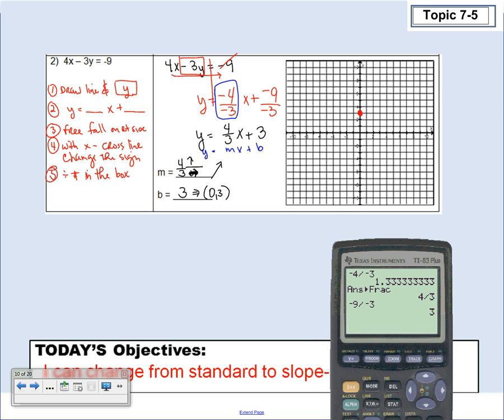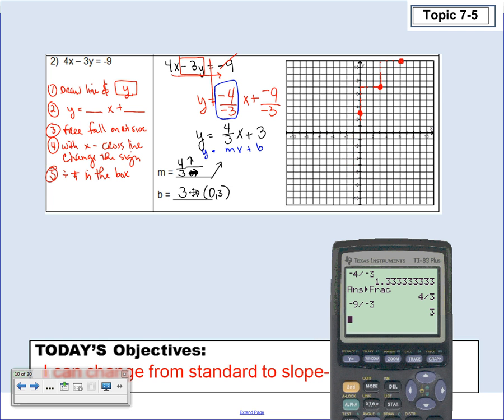We will, from that point, move up 4, 1, 2, 3, 4, and then to the right 3, 1, 2, 3, and we have another point. Move up 4, to the right 3, we have another point. I can do the opposite, down 4, and to the left 3 in order to complete the graph on the other side.